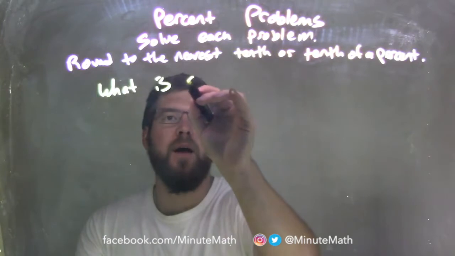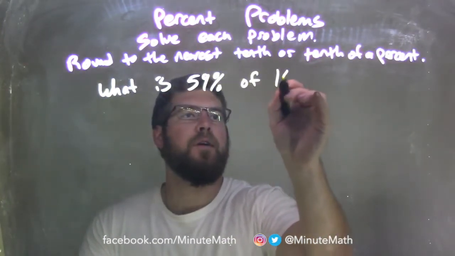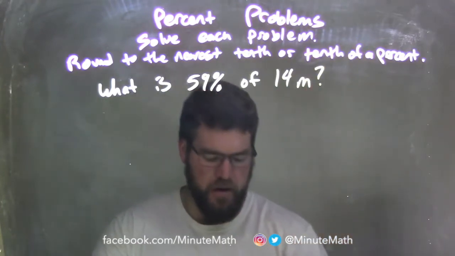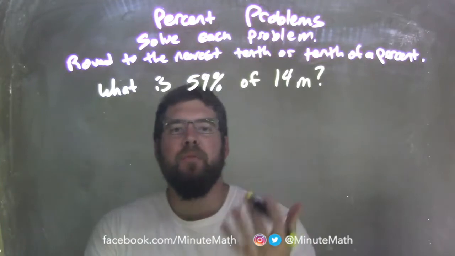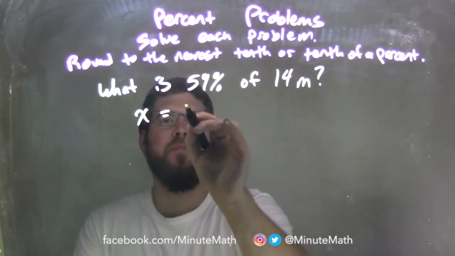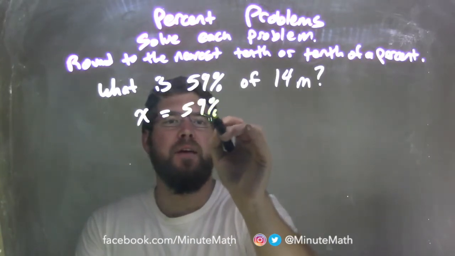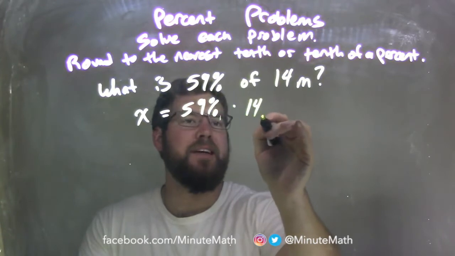What is 59% of 14 meters? Okay, so what is 59% of 14 meters? Let's see if we can write this into an equation. What, take the variable x here, is 59% of, multiplication here, 14 meters.